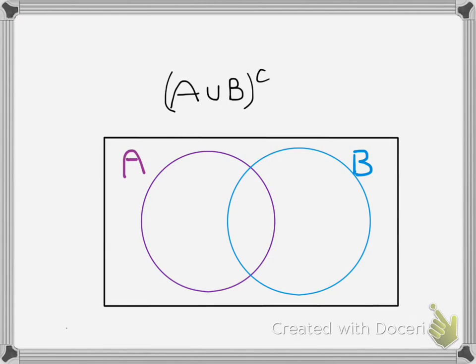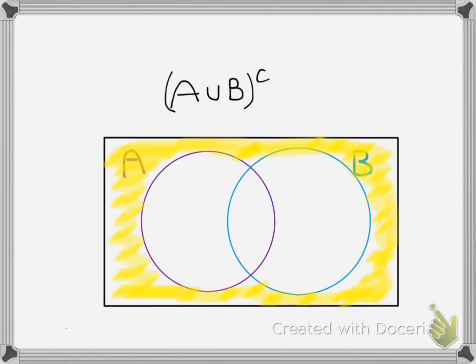All right, now we're saying we're happy with the complement of A union B. So that means that we're happy only if we don't have A or B. So if I were going to shade that, this would be everything except A union B. So the complement of what we had on the last slide.